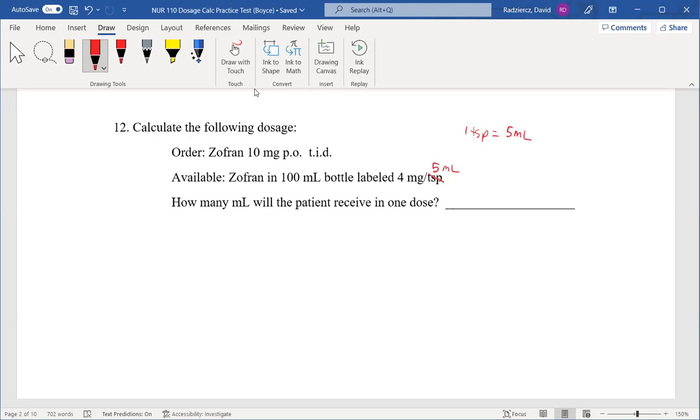So I got 12.5 for that answer. Okay. I just need to double check. 10 divided by 4 times 5, I got 12.5 as well. Okay.